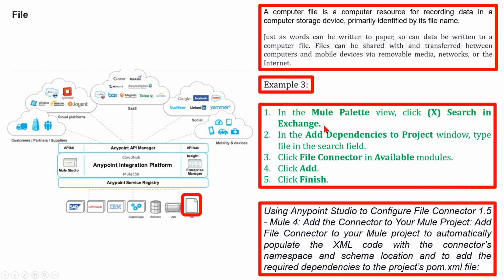Step 1, in the Mule palette view, click Search in Exchange. Step 2, in the Add Dependencies to Project window, type file in the search field. Step 3, click File Connector in available modules. Step 4, click Add, and step 5, click Finish.